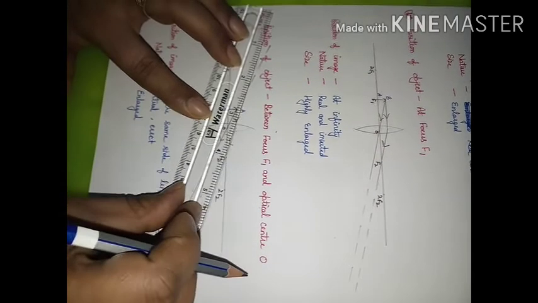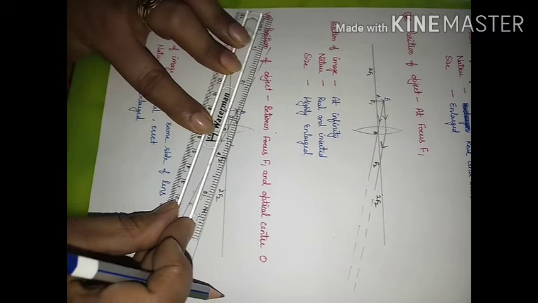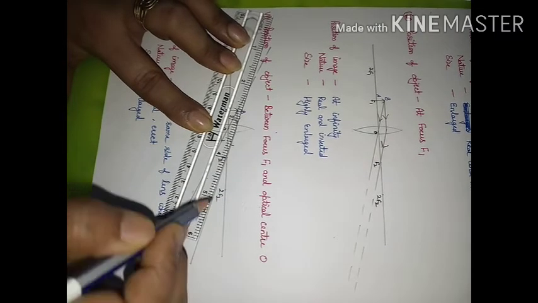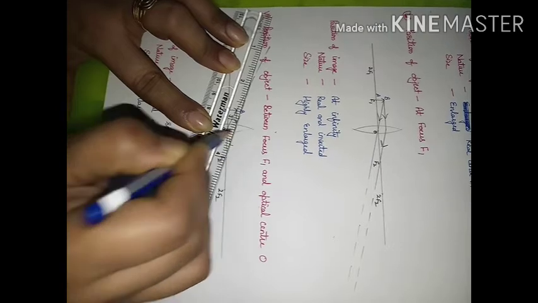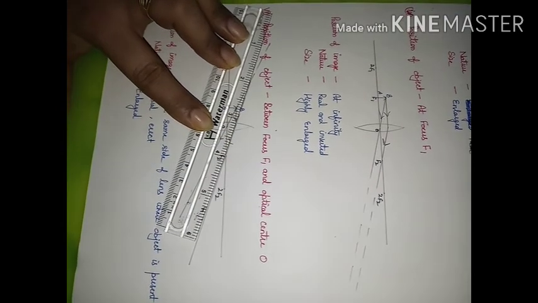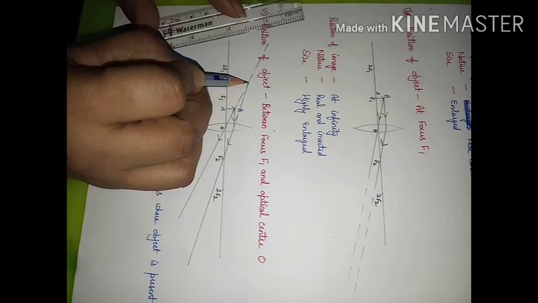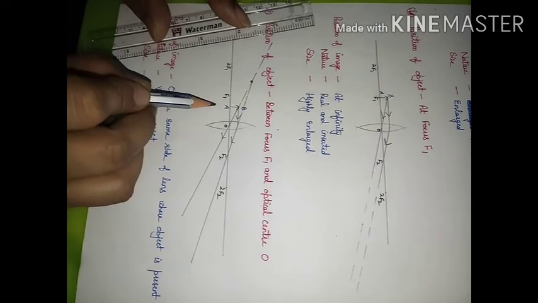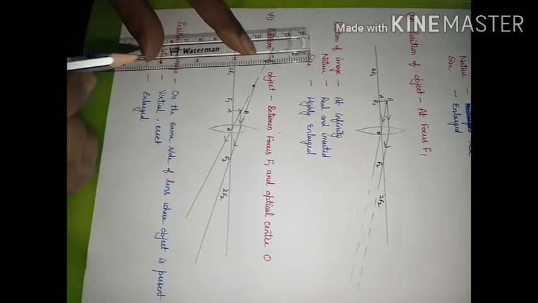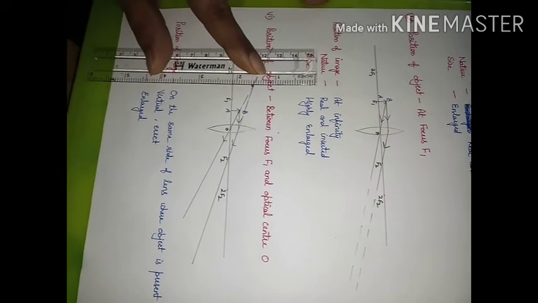Let us see whether they are going to meet or not. When they are not going to actual intersection with each other, then we will say that image formation is not real, it will be virtual. Like this, we have produced them in backward direction, so they appear that they are going to come from this point.